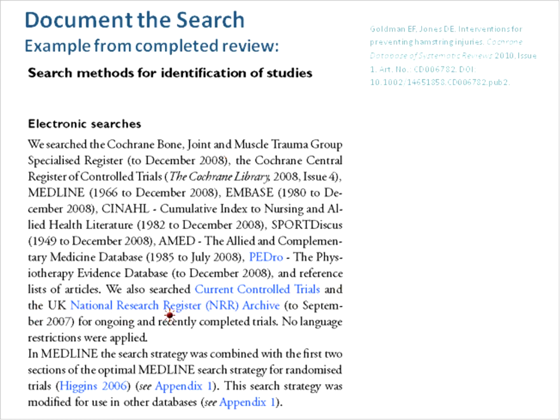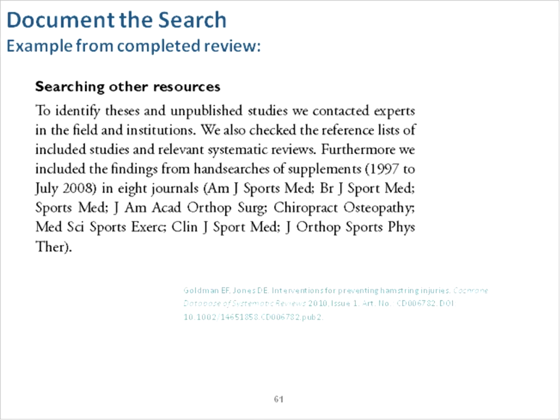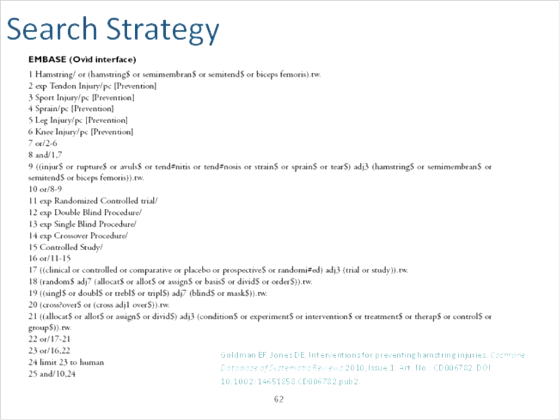They also searched for ongoing and recently completed trials. No language restrictions were applied, and they explicitly provided the search strategy for the electronic databases. And as well, they looked for theses and unpublished studies by contacting experts. They did reference list checks, and they also did hand searching for this particular example. So you can see that they've quite explicitly looked in various places for information that was relevant.